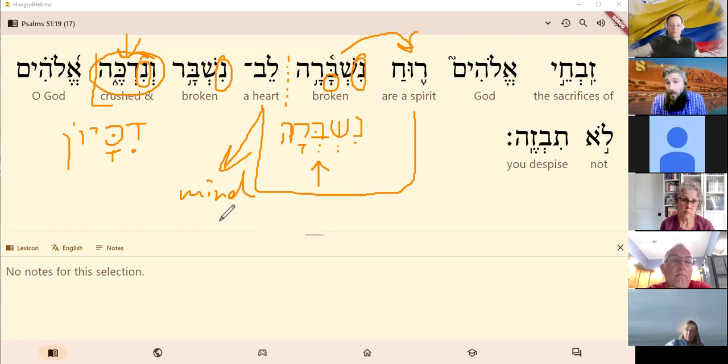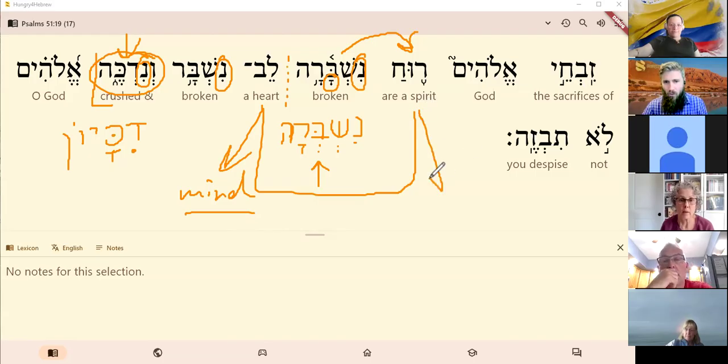So it seems like a slam dunk that this should be understood as mind. So what's a broken mind? Repentant. I think we can get that. Exactly. If it's not functioning the way it was, that would be a good definition for broken, right? But if it was a mind that was thinking wicked thoughts and now it's nishbar, then maybe that's a good thing. Now we can heal and have that mind doing what it should be.